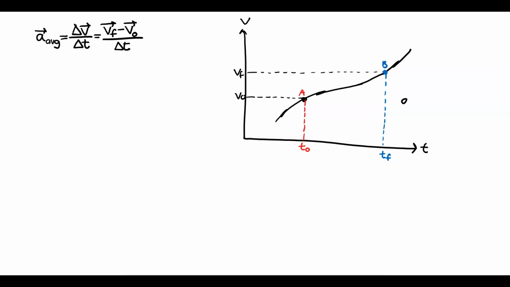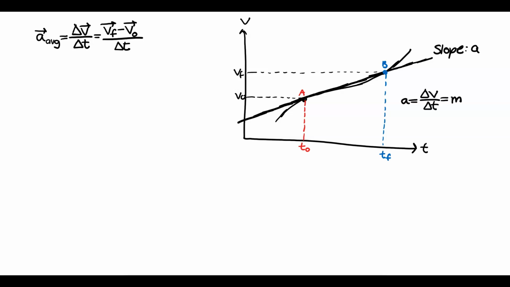So if the average acceleration is equal to the change in velocity over the change in time, that's just the slope of the graph, okay? That's just the difference in the y values in this graph over the difference in the x values, which is the time. So we get the acceleration to be equal to the slope, similar to how velocity was the slope of a position versus time graph.